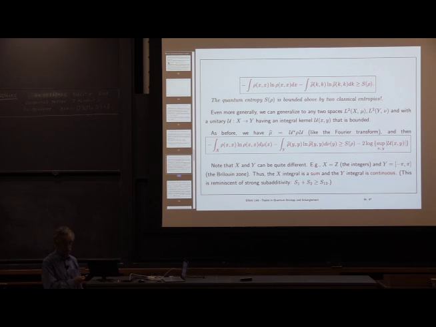That's a quantum density matrix, so it's got an entropy. And this thing is bigger than that, which of course is necessarily a non-negative number. So it's not just positive, it's bigger than the entropy. So the quantum entropy is therefore bounded above by two classical entropies.